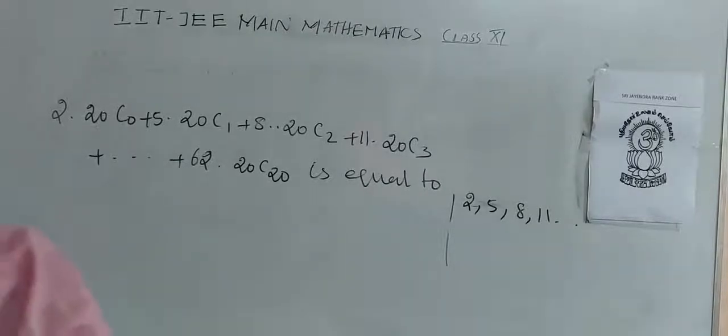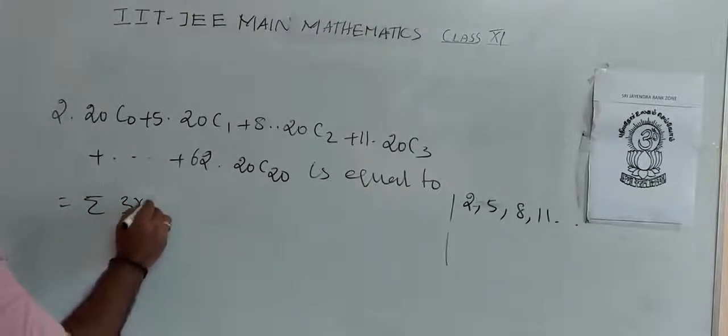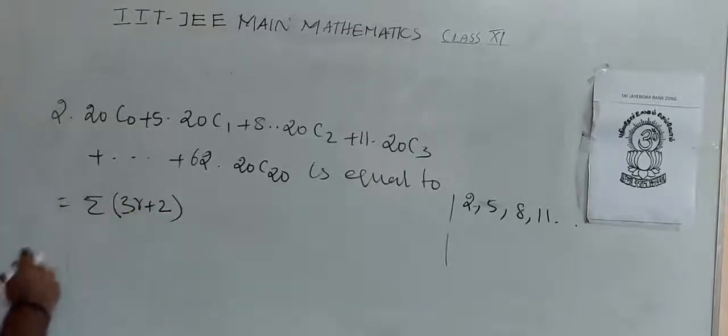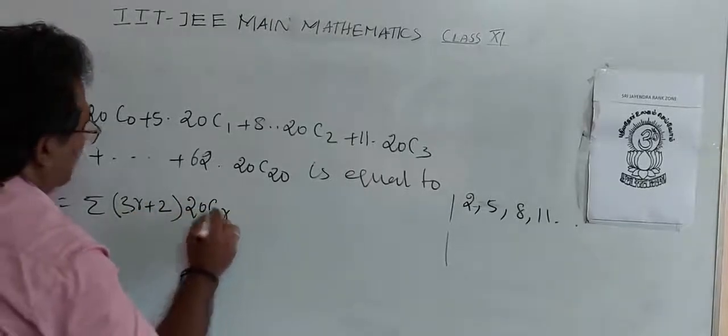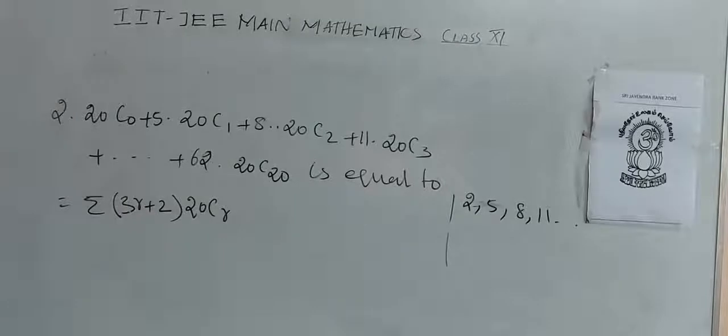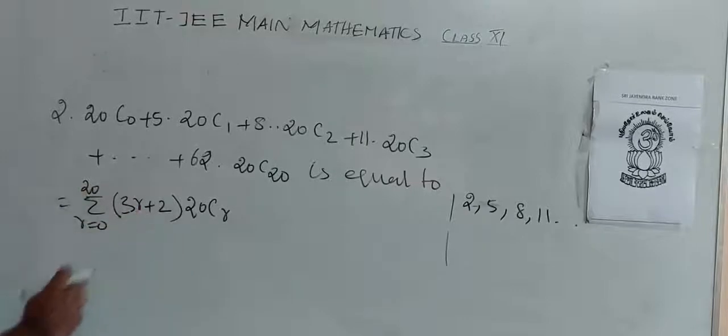If you observe 2, 5, 8, 11, the series is equal to the sum of (3R plus 2) into 20CR, R equal to 0 to 20.